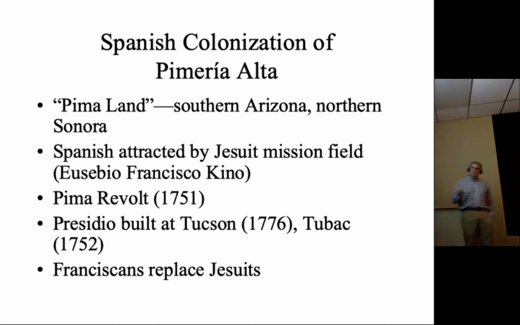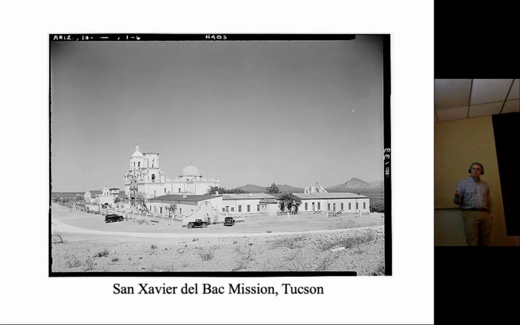And like the Pueblos back in 1680, the Pimas eventually got tired of them and revolted. The Jesuits were actually kicked out of North America. If you know your Catholic history, the Jesuits were removed, and then the Franciscans, for the most part, replaced them in places like southern Arizona and also in California.